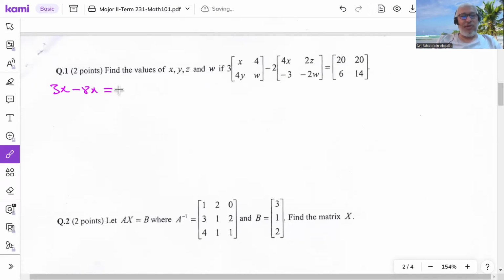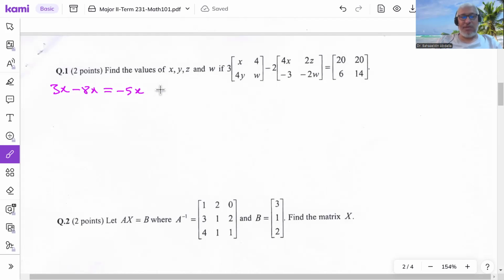So it would be negative 5x. So negative 5x would be the element in the first row, first column of the resulting matrix after you do all of these operations. If you want, you can do the operations and find the matrix and then put them equal to each other. But he needs the values of x, y, z and w.